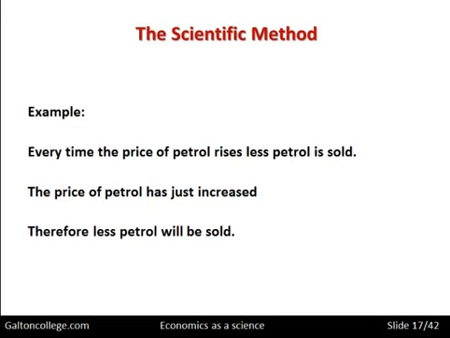This is actually based in logic. This is called syllogistic reasoning. It's based on rules set out by Aristotle. It's deductive reasoning. We start from a general proposition. Every time the price of petrol rises, less petrol is sold. Every time. So it's general.